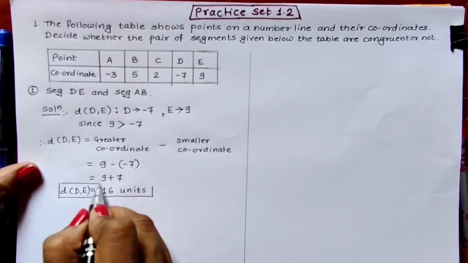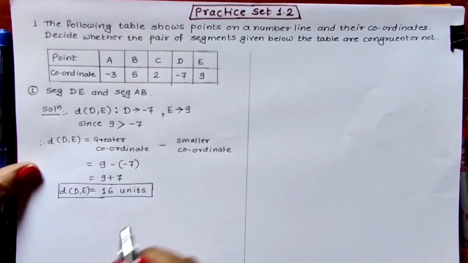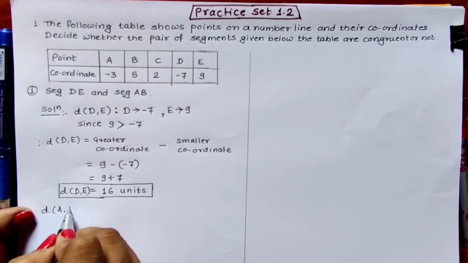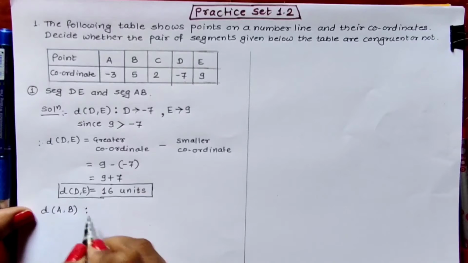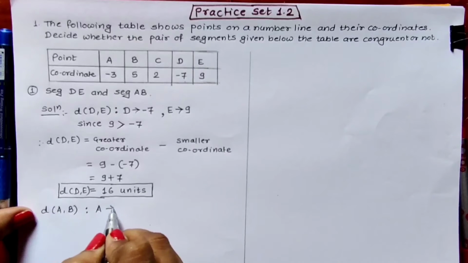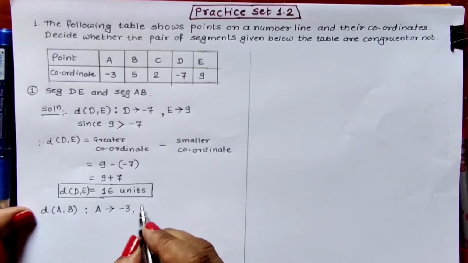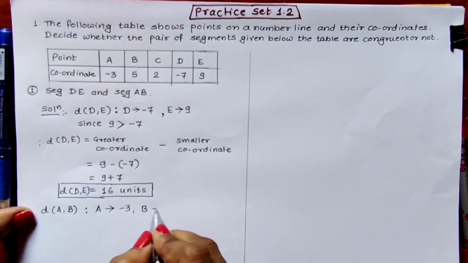Similarly, we will be finding out distance AB. So let us write distance AB first. We will be writing their coordinates. Coordinate of point A is -3. Coordinate of point B is 5.